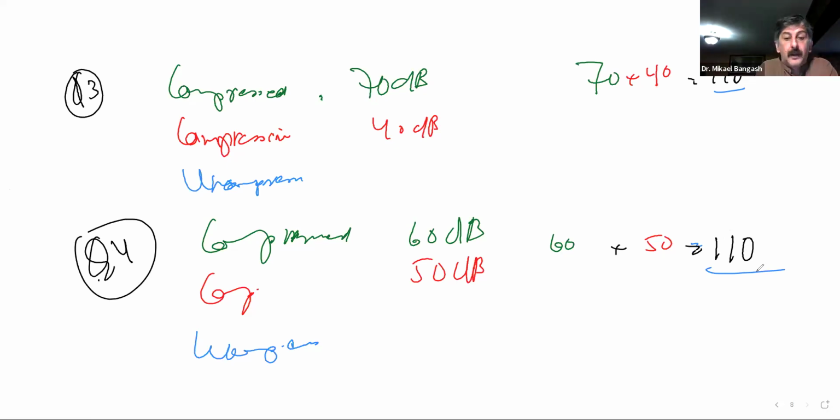Again, it's okay if you went the other way around and said the uncompressed signal was 110 and it was compressed by 50 decibels. What is the dynamic range of the compressed signal? So either way.